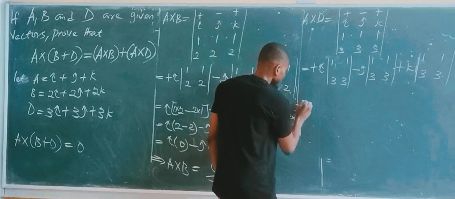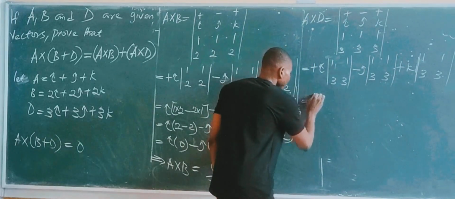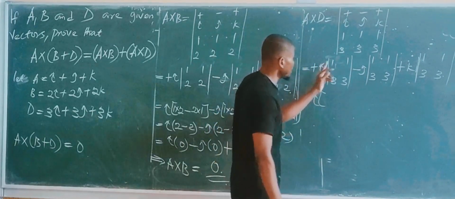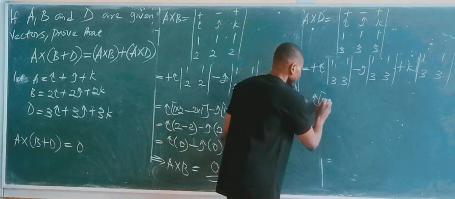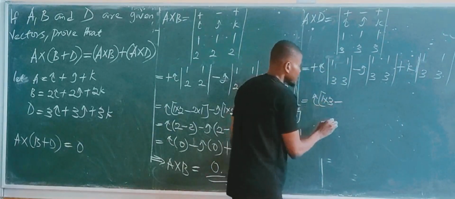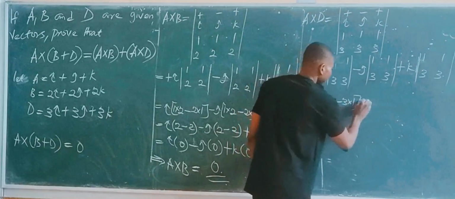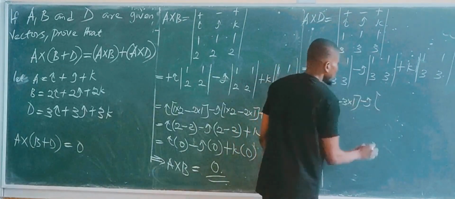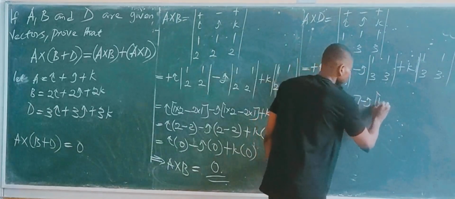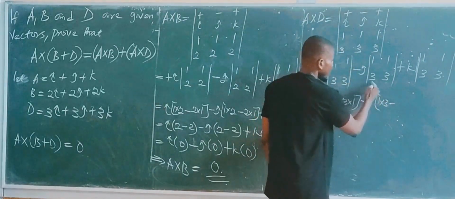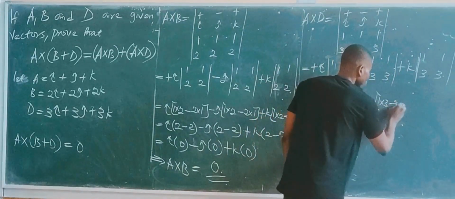Now let's evaluate. This is now equal to i into measure, which is 1 times 3, minus the minor, which is 3 times 1. Okay, minus j into also measure 1 times 3 minus minor 3 times 1.